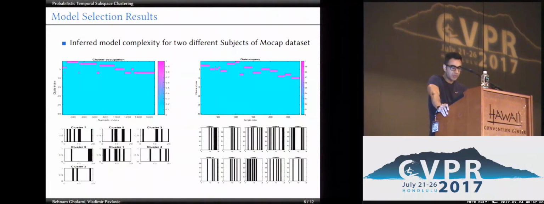In the first row of this figure, the model infers 7 and 10 subspaces out of 30 subspaces for two subjects of the mocap datasets. The second row shows that each inferred subspace or cluster uses a different number of bases out of the 20 bases initially provided by the model.